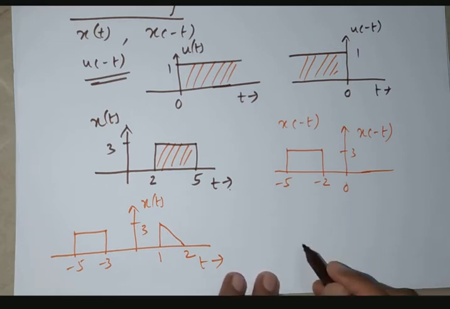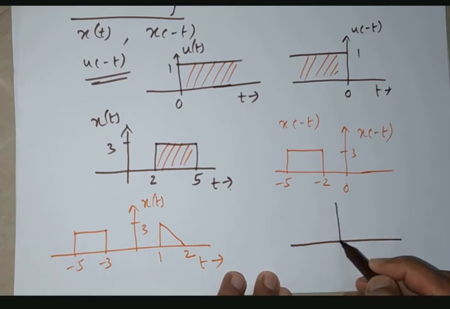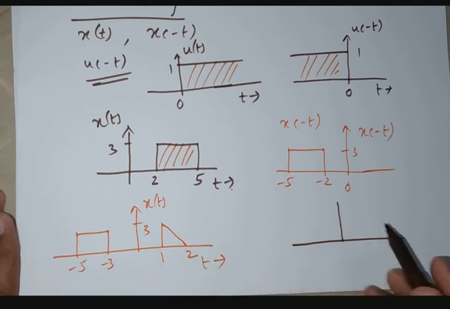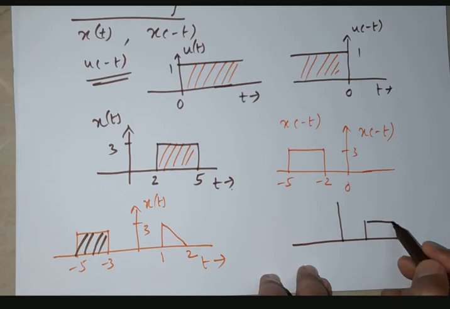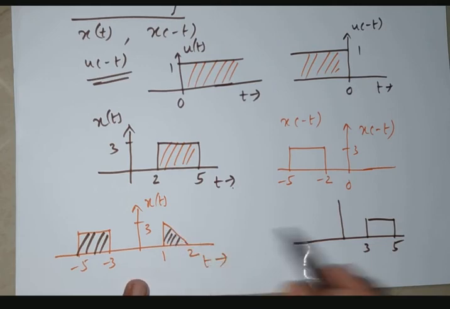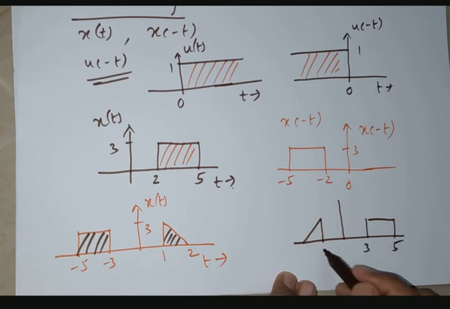How to find? As I said, simple, take left hand side to right hand side and right hand side to left hand side. Now this left hand side part will come to right hand side, then this is your 3, 5, and this right hand side part will come to left hand side like this, -1, -2.